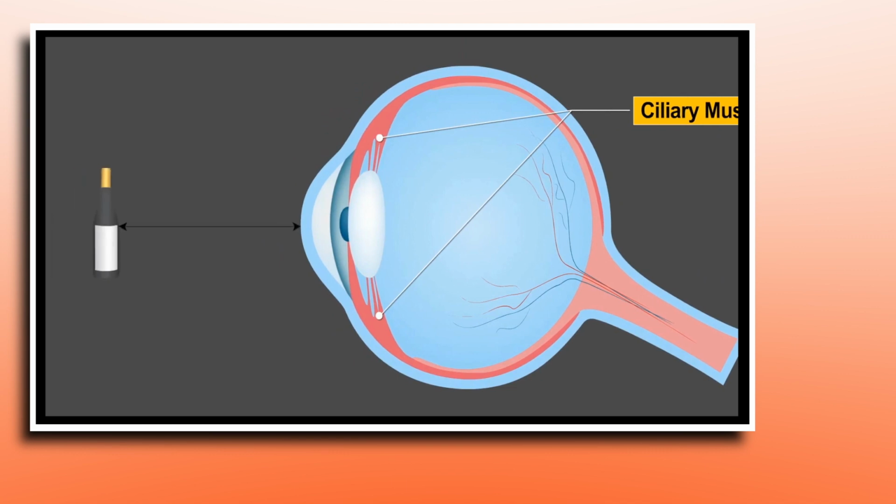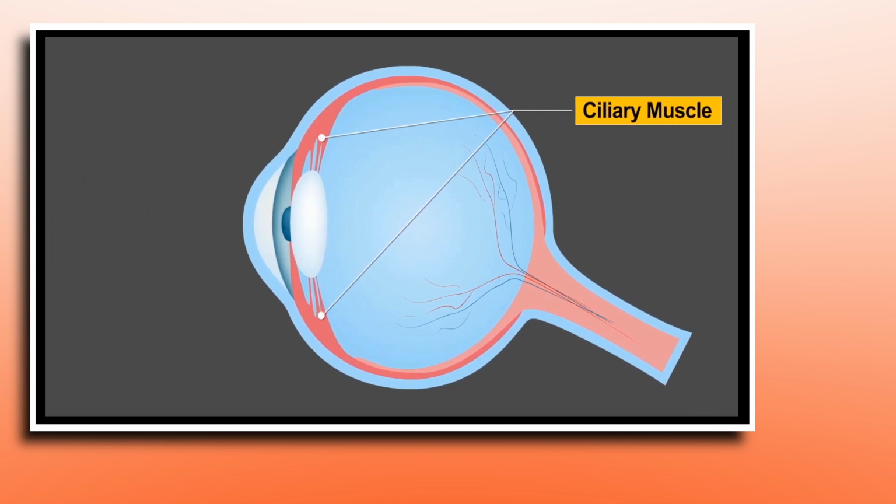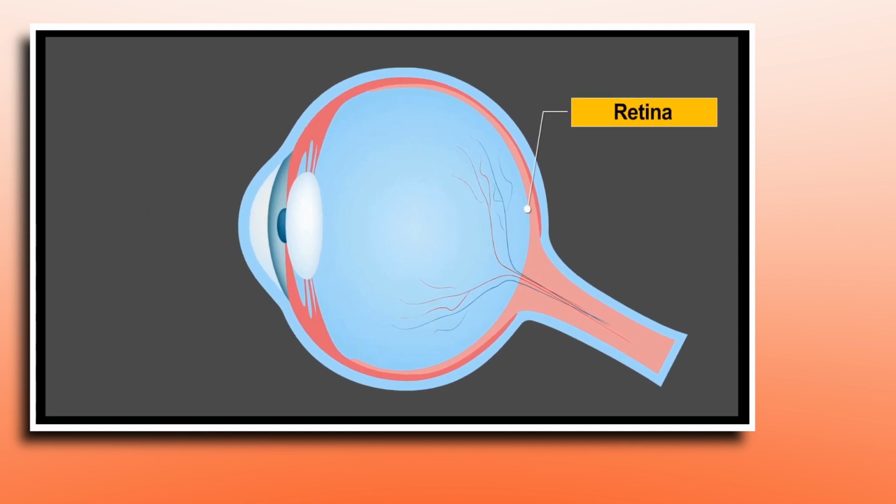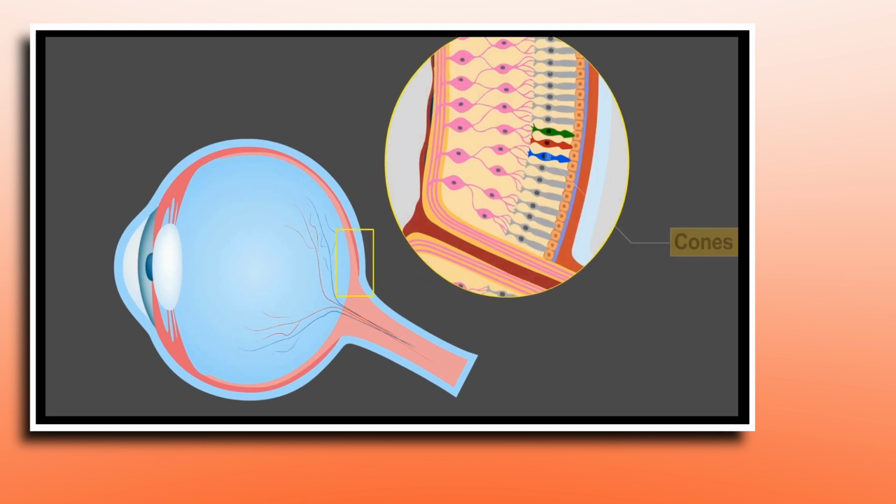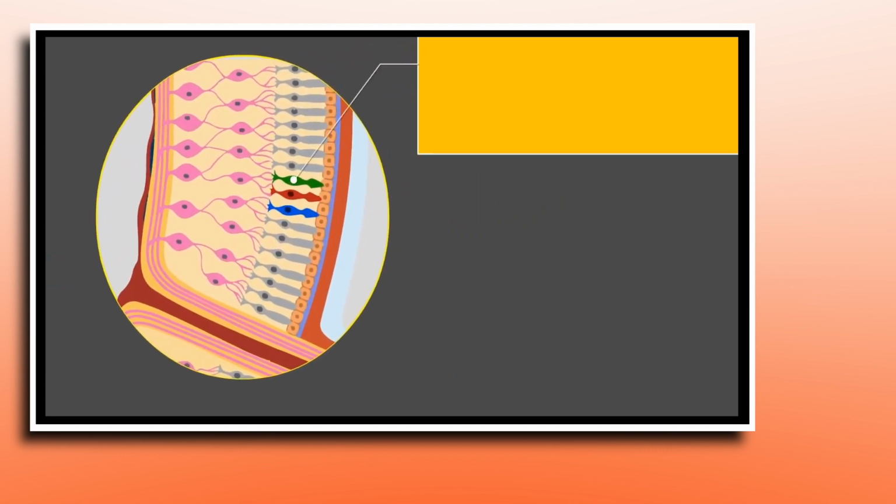Look at the picture carefully. You will see that there is an object, light falls on the object, and then it falls on the cornea, the lens, and then the inverted image is seen on the retina. Light is received by the rods and cone cells on the retina. An inverted image is formed on the retina.